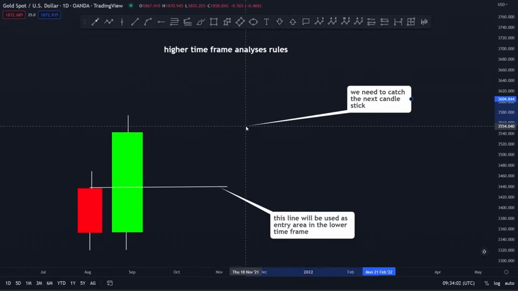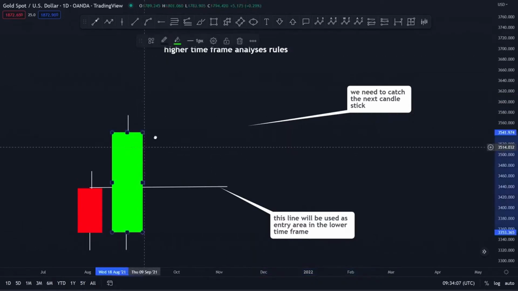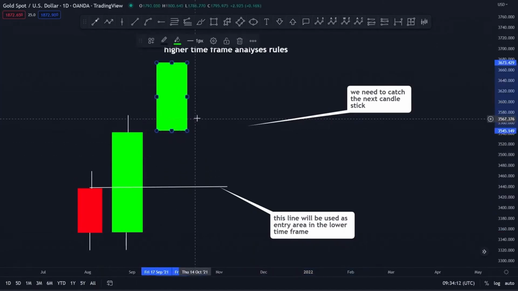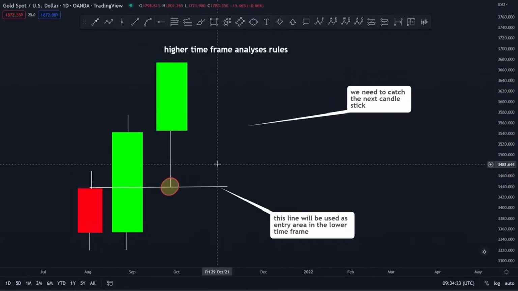And then from here, we need to catch this next candlestick. The candlestick will be looking like this. We need to catch this low of this candlestick right here. So that means in the higher time frame, when you analyze, you just have to find this, and then you put a line here, and then you move on to the lower time frame and monitor this level here.